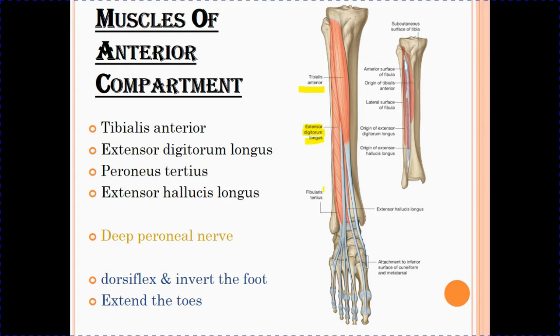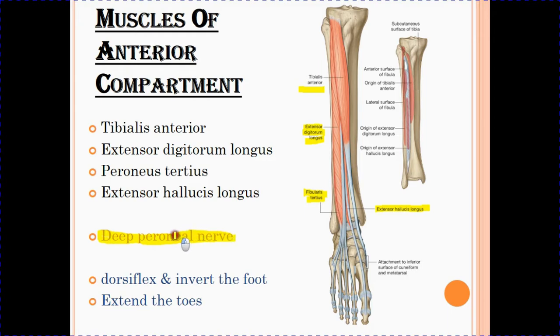Then in the lower part there is a small muscle which is called peroneus tertius, also called fibularis tertius. And the last is extensor hallucis longus muscle. All these four muscles are innervated by the deep peroneal nerve.